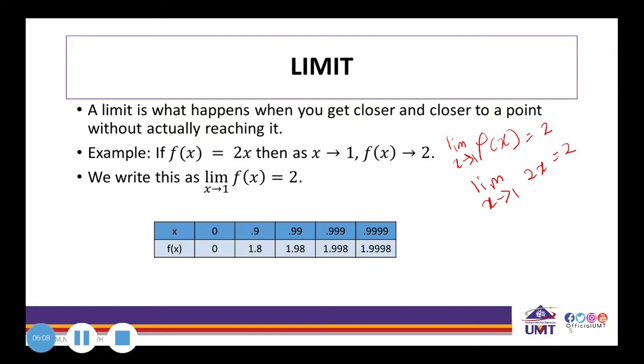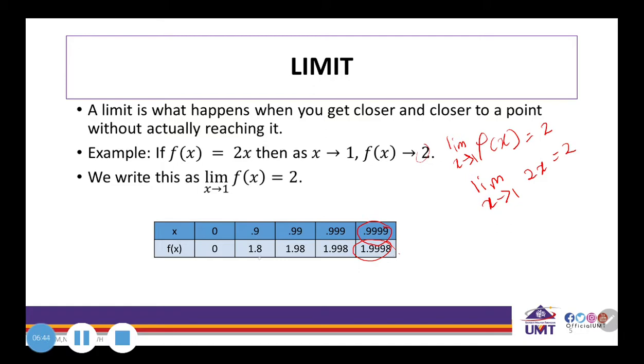So from this table you can see the value here gets closer and closer to 2 without reaching it, and see how the more detailed value of x here, you can get much closer to 2, as compared to 0.9 and 0.99.